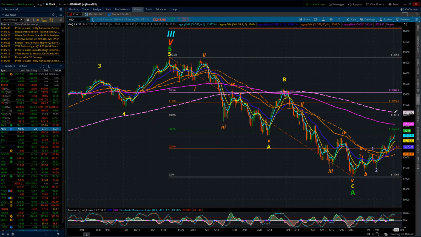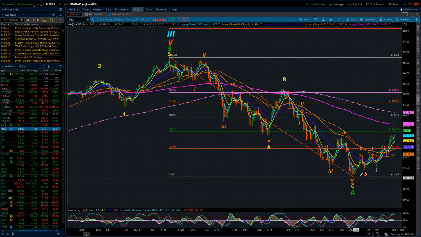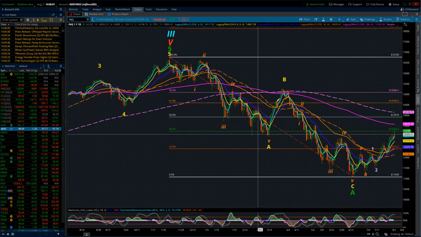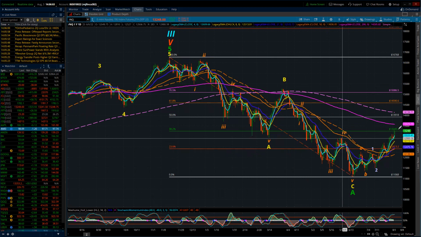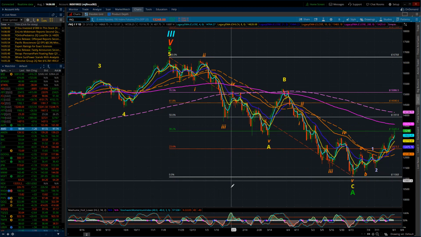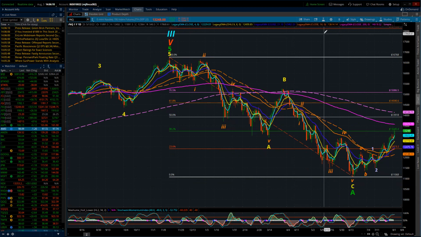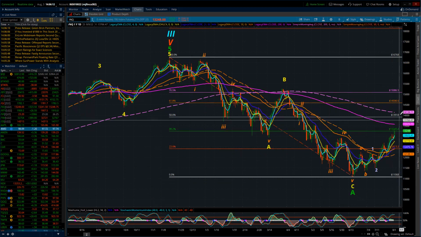The B wave would then be expected to likely come down back towards the low or the starting point of wave A. Therefore, for the flat, A goes up, B comes back down, and then C goes back up, and it basically stays within a range. So that would be a flat. With the zigzag, we get a 5 and a 3 and a 5.